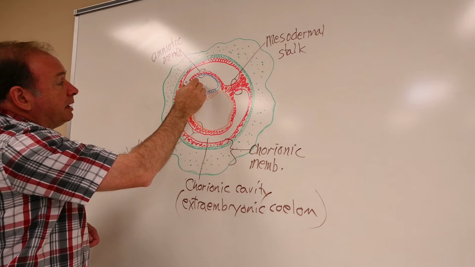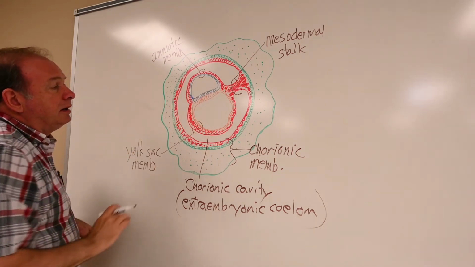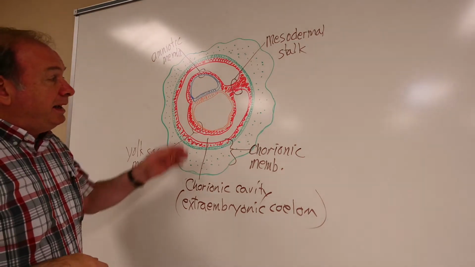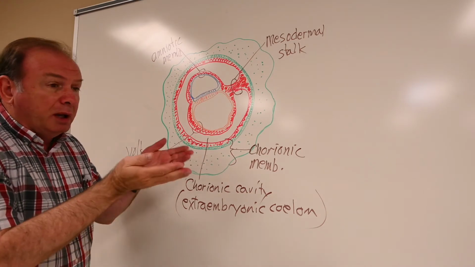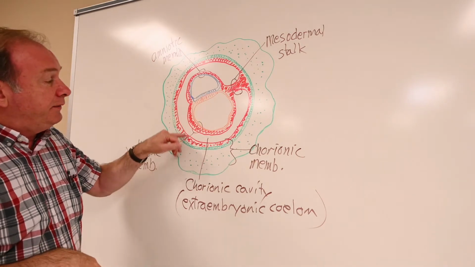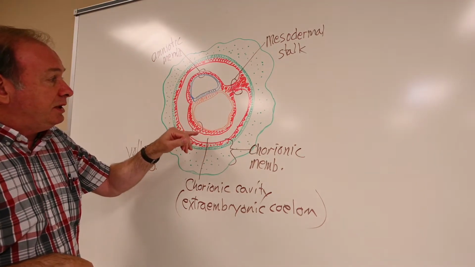So we still have our amniotic cavity, our yolk sac cavity, and our two-layered embryonic disc region right there. And it's in that layer that we'll get the primitive streak to form. The primitive streak will be folding in to make a new layer of mesoderm, different from the extra embryonic mesoderm that we've already seen here.